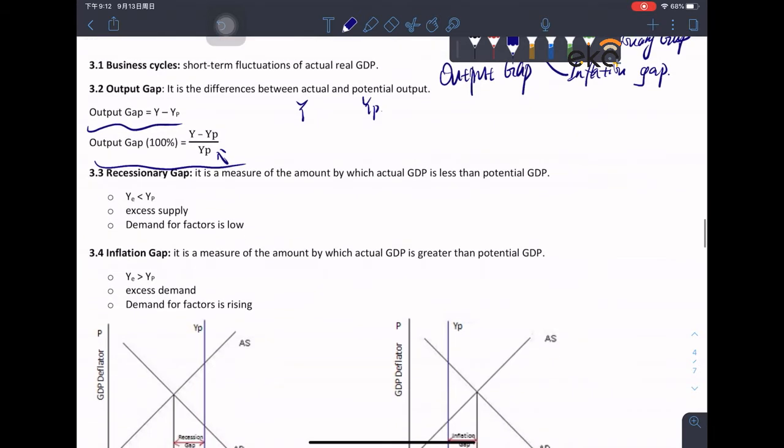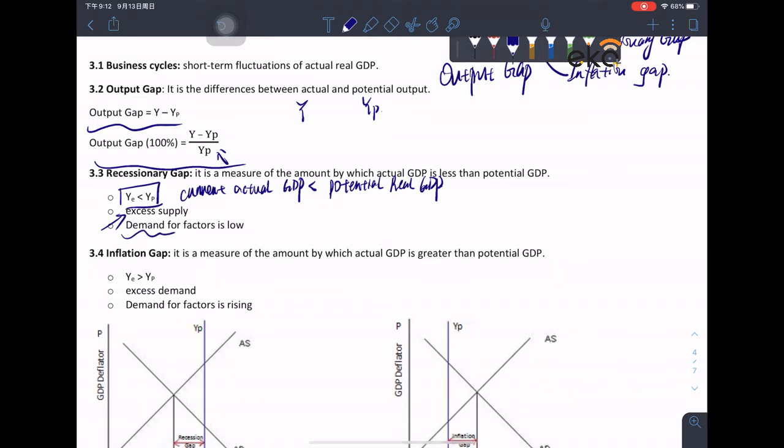In a recessionary gap, the equilibrium Y or current actual GDP is less than potential real GDP. Then we have an excess of supply. Demand is low in a recessionary gap.